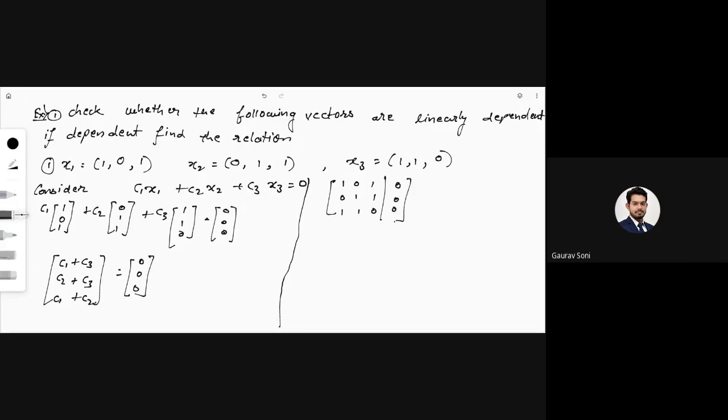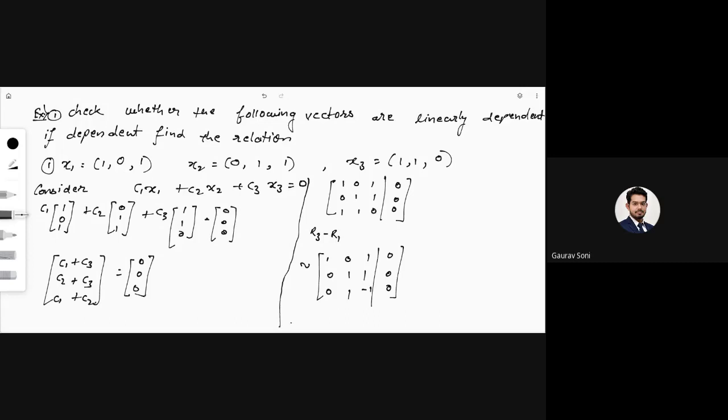The first operation that we will do is R3 minus R1. So what we get? 1, 0, 1; 0, 1, 1. The last row is 0, minus 1, minus 1. The right hand side is 0, 0, 0.